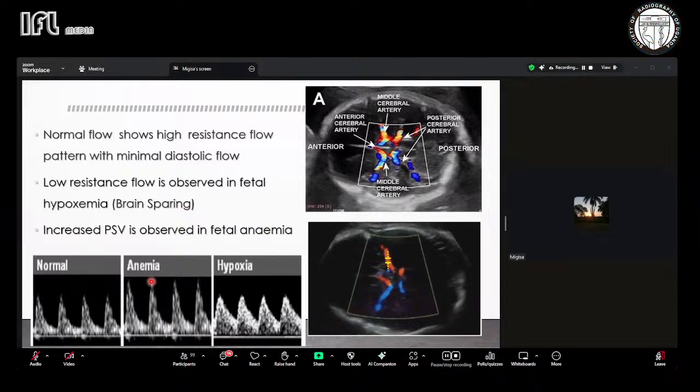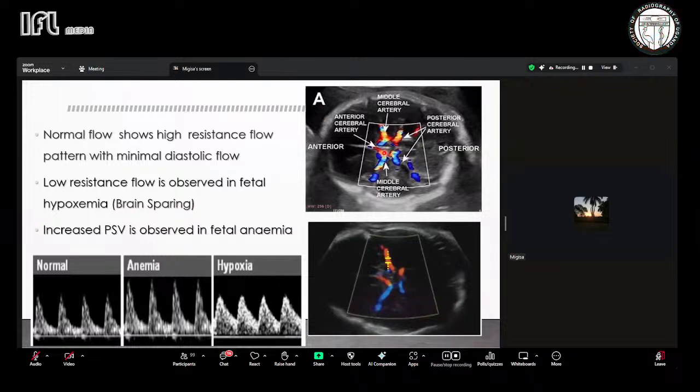That's why in fetal anemia, the PSVs are increased. And normally we have charts for these. There are specific charts for MCA PSVs. So if you see increased PSVs, you can correlate with the chart according to the gestation at hand.